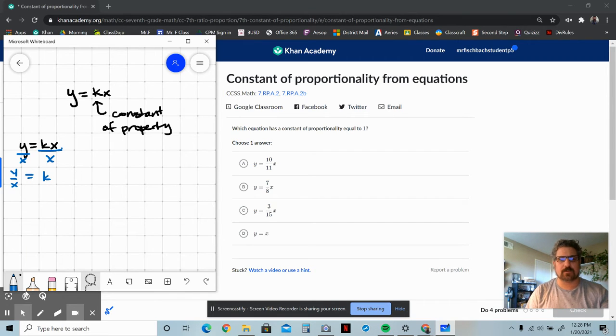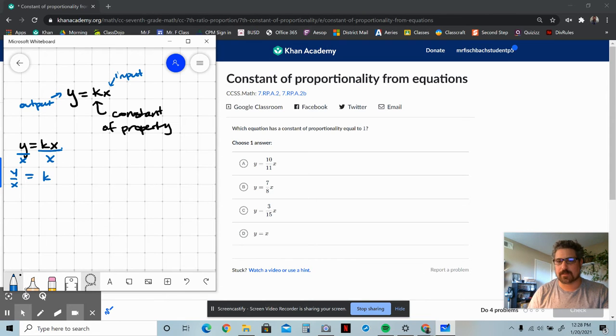So if you're given an x and a y value, not the multiplier, you can just do y over x, and that's your constant. If you're given the equation, all you have to do is identify what's multiplying the input. x is your input variable, or independent variable, and y is your dependent variable, your output variable. So the k is just what you multiply the input by to get the output.